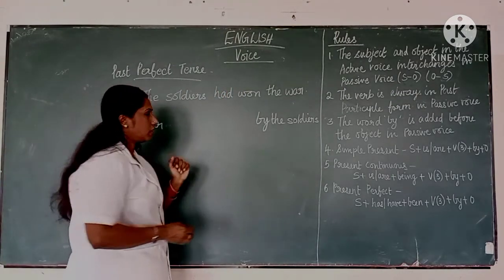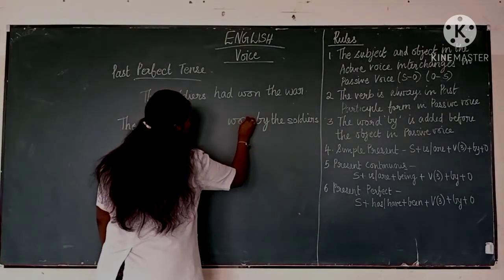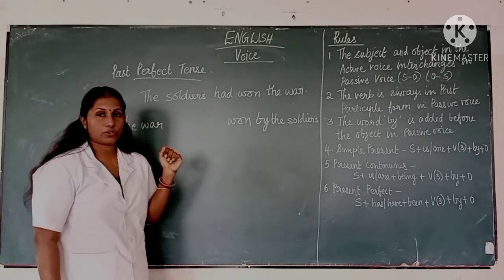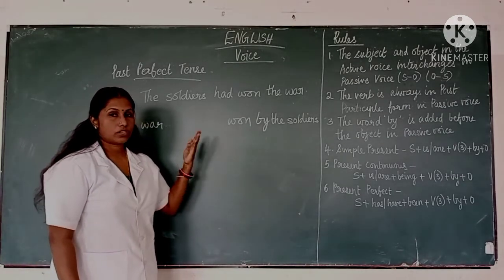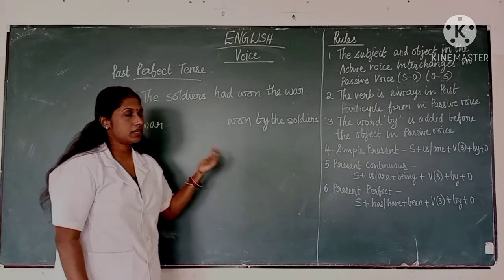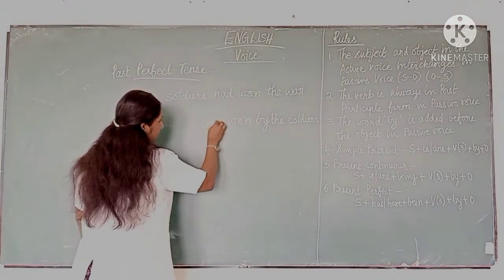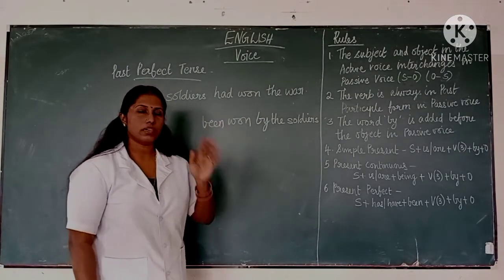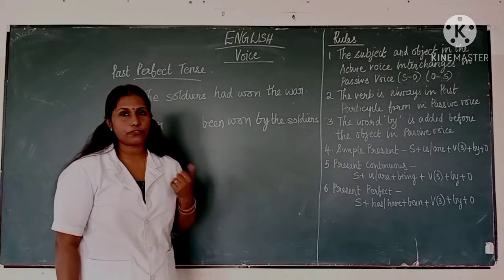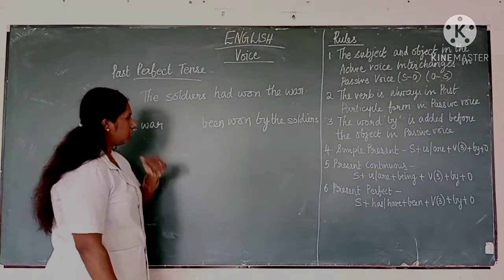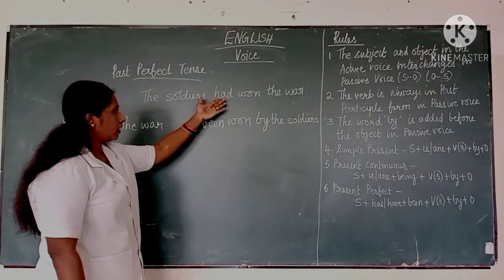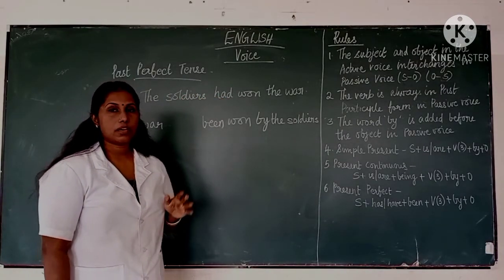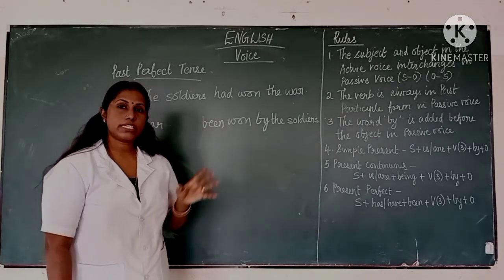It is the same only, so no change over here. And when it is perfect tense, what is the word to be added before the verb? It is been. Perfect tense, been. Continuous tense, being. Just remember it in that way, it is easy for you to remember. So perfect tense, been. And then here we have got had. In past perfect tense, it is always had.